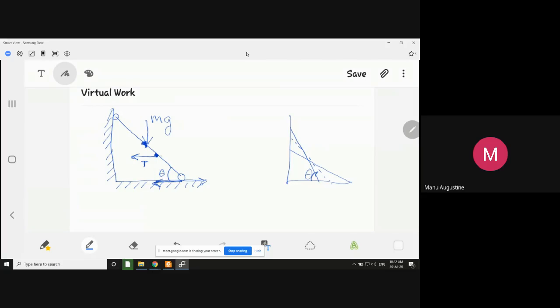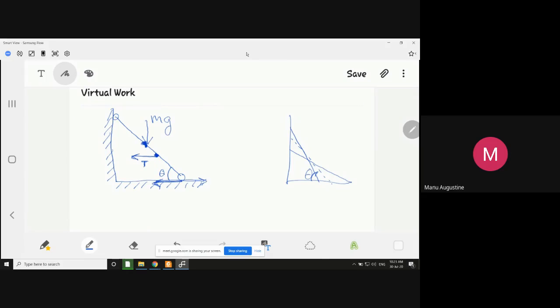Or in other words, both these points will slightly move upwards and slightly move leftwards. And since these two points are capable of changing their position and moving a little, therefore, the forces acting at these points will be capable of producing work. And that is why mg and T are active forces.